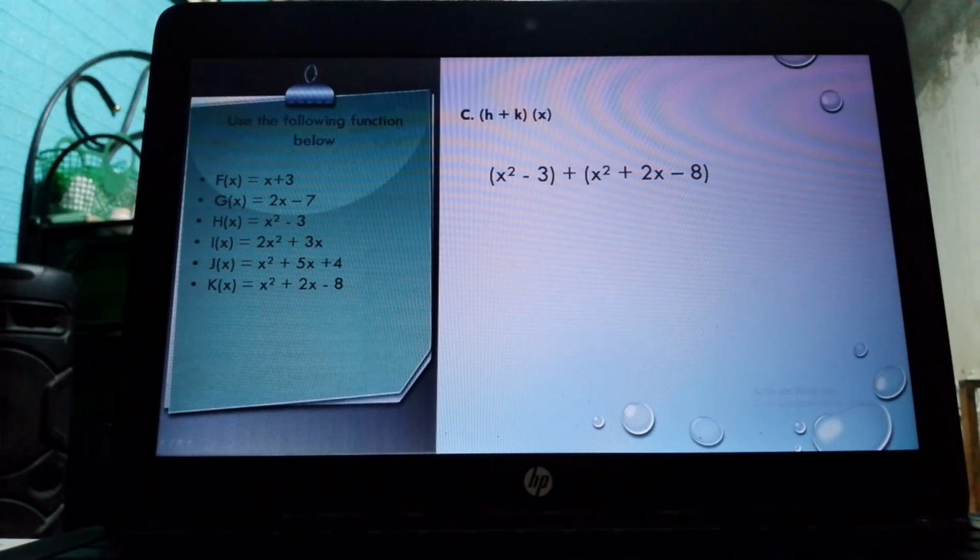Then we just combine like terms. x squared plus x squared is equal to, very good, 2x squared. Then copy the 2x, positive 2x, and negative 3 plus negative 8 is equal to, okay, very good, negative 11.